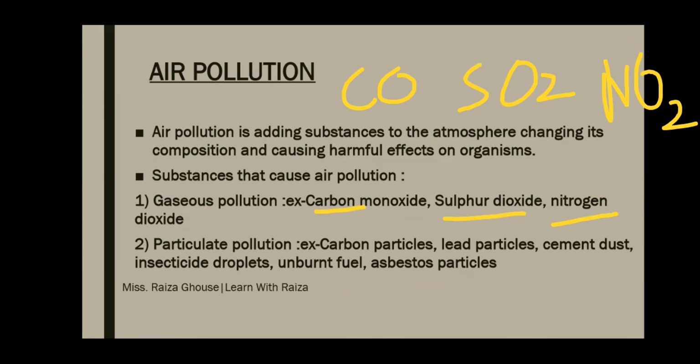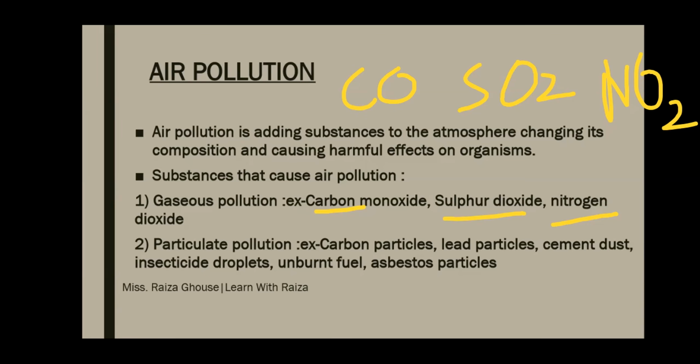The particulate pollutants are carbon particles, lead particles, cement, dust, insecticide droplets, unburnt fuel droplets, asbestos particles. So see, daily we are polluting our atmosphere. We are using lead particles, we are using cement, we spread insecticides, and we use asbestos. Likewise, without our knowledge, we are polluting our atmosphere.